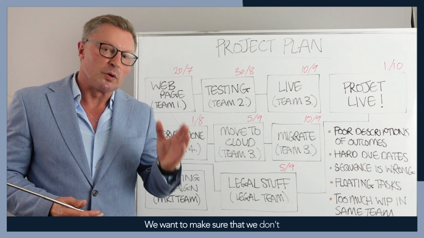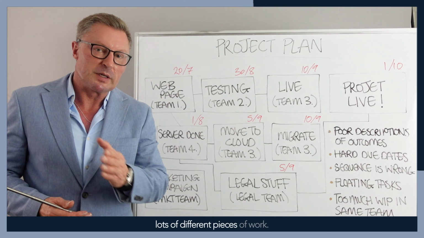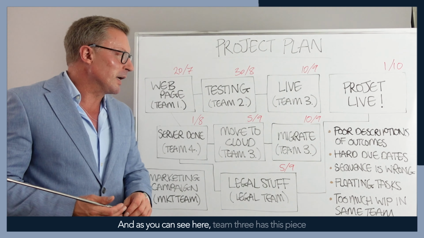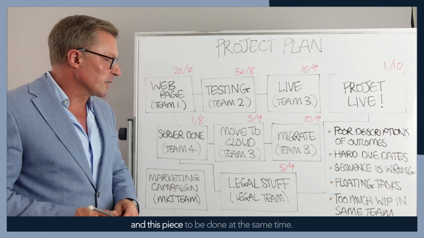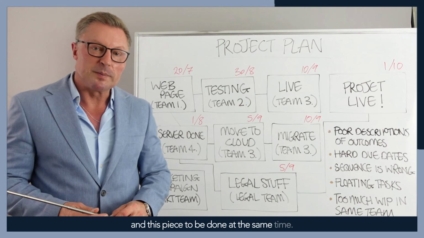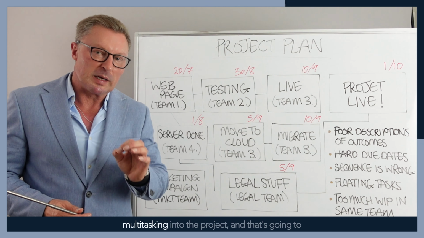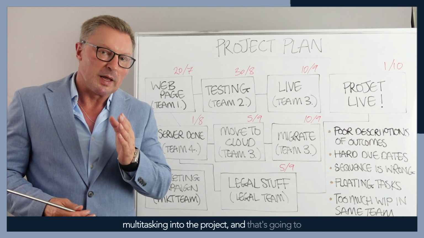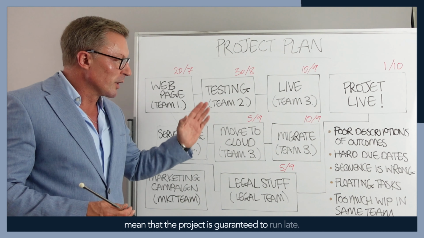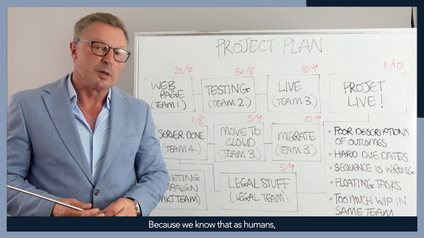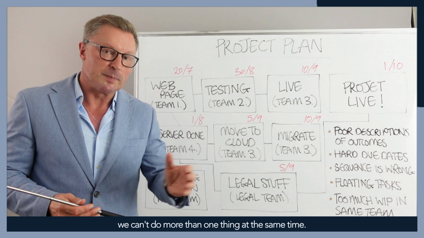As you can see here, team 3 has this piece and this piece to be done at the same time, which means that we are already introducing multitasking into the project, and that's going to mean that the project is guaranteed to run late, because we know that as humans we can't do more than one thing at the same time.